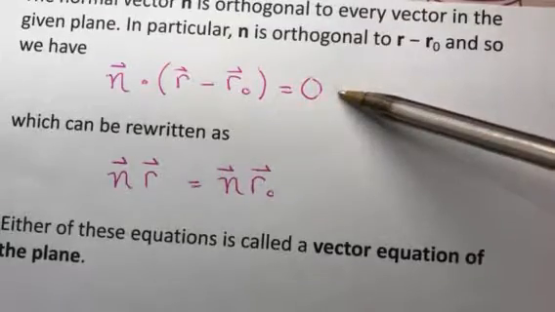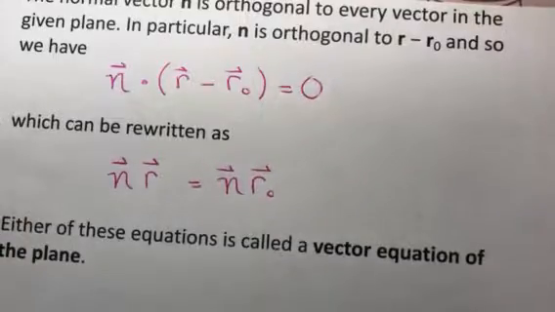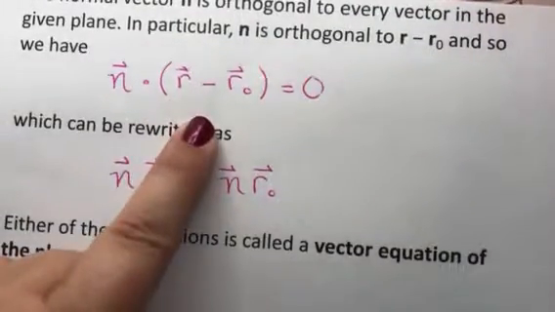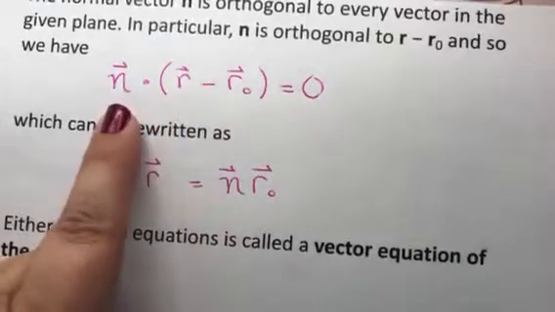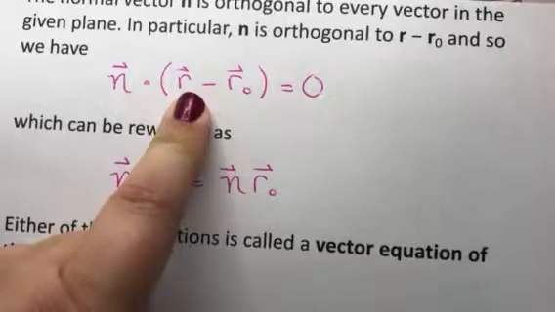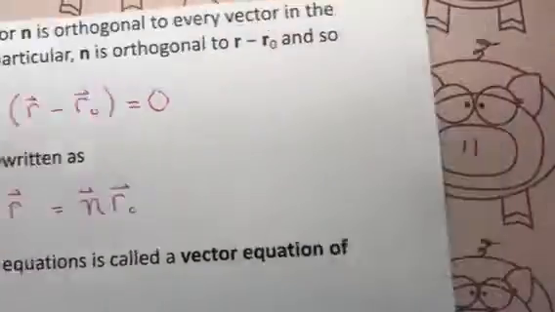Because one of the things I'm going to do is I'm going to rewrite these vectors in component form. Okay? All right, so here's my vector equation of a plane. I need my normal vector. I need a vector to an arbitrary point and a vector to my initial point. Okay?